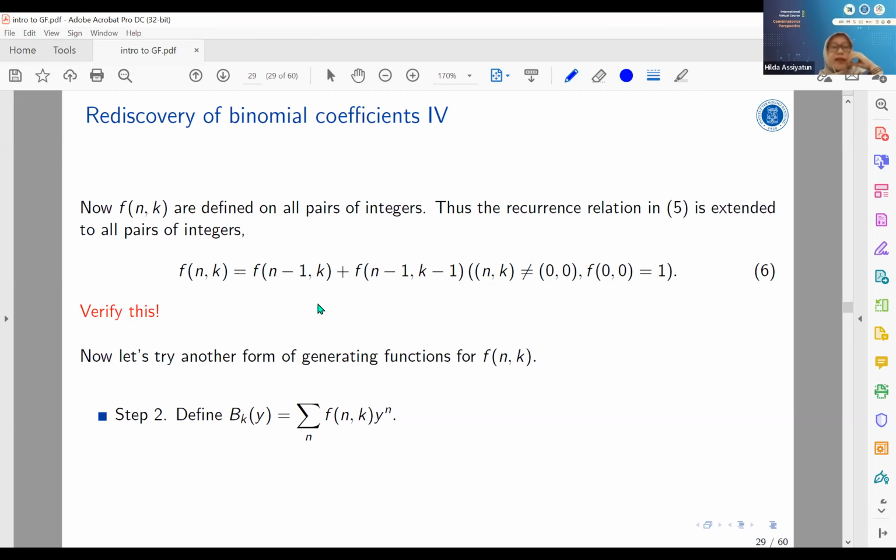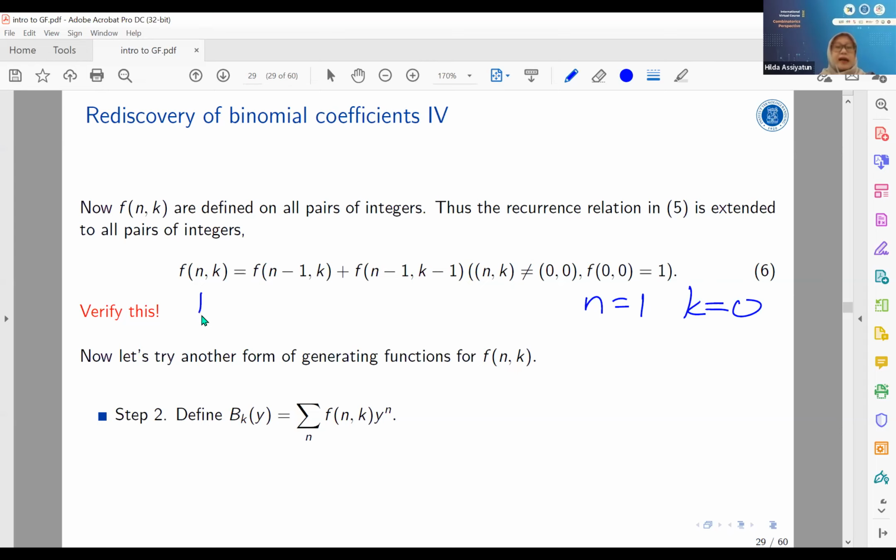Say for example n equals 1 and k equals 0. What is the value of the left hand side for this case? The left hand side would be 1.